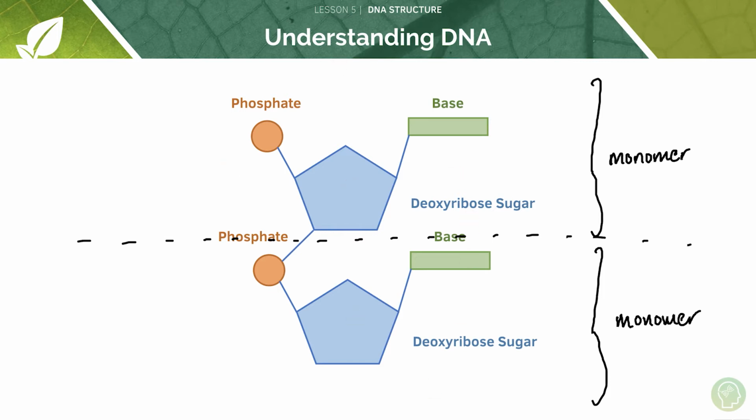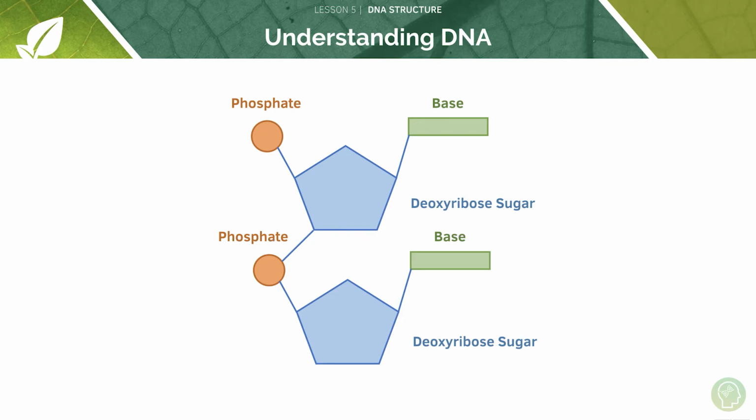These are each going to link up to identical subunits, and that's going to form our polymer of DNA. Do you see how we have this little monomer here that's able to join up to the phosphate of another identical monomer to form eventually a polymer as it joins to more nucleotides? So this is how the DNA forms a chain.